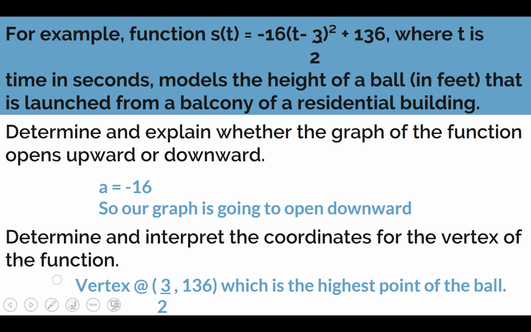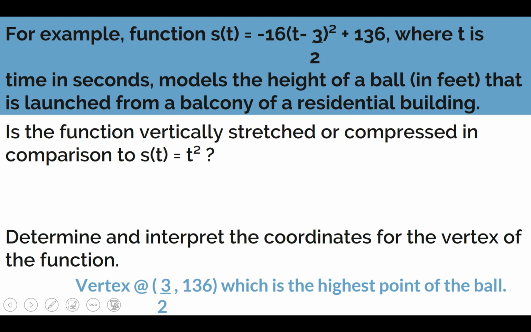All right. One more question about this. Would we say that this parabola was vertically stretched, compressed, or none of the above? What is the a value? Oh, it's negative. a is 16, right? We have a negative a, and that number is 16. Is 16 bigger than or less than 1? Bigger. It is bigger than 1.